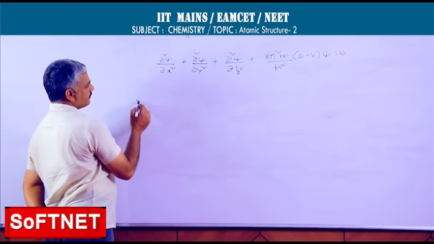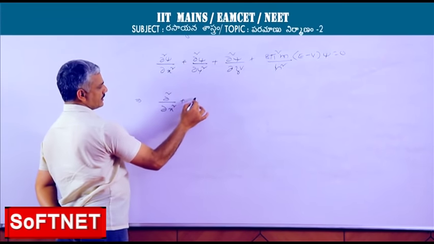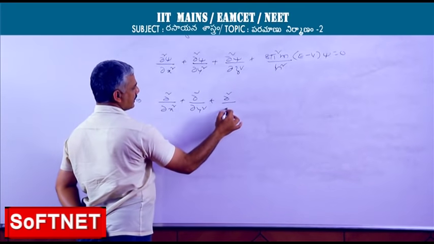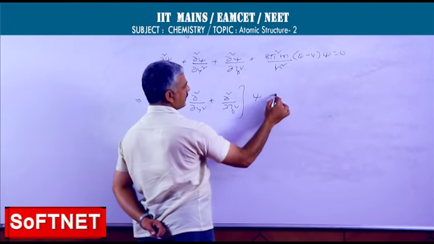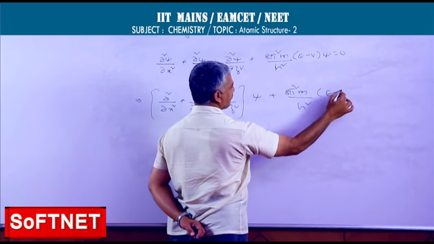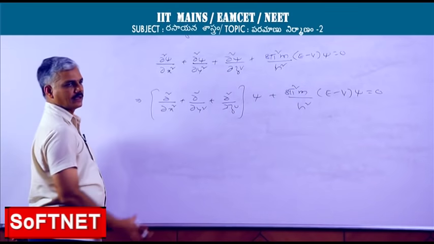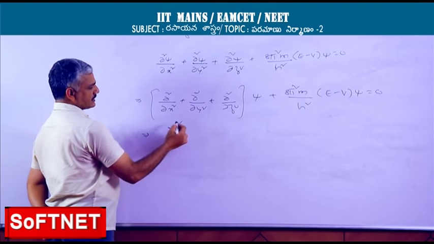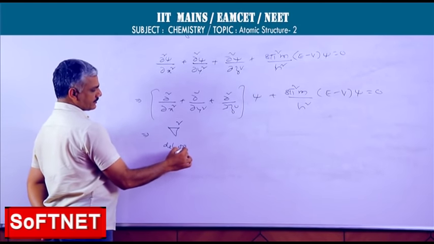This can also be represented as dou square by dou x square plus dou square by dou y square plus dou square by dou z square into psi plus 8 pi square m by h square into E minus V into psi is equal to 0. This part can also be represented like this, del square. This is called a del operator.